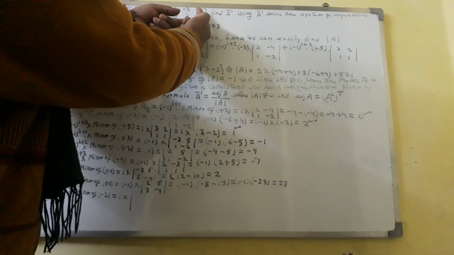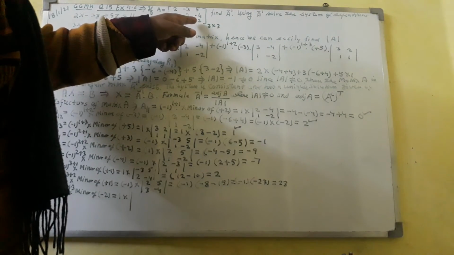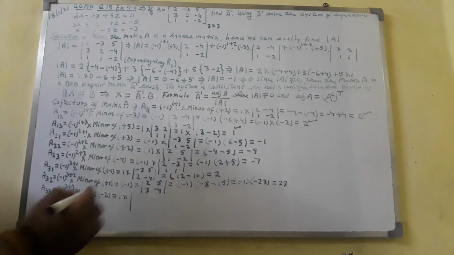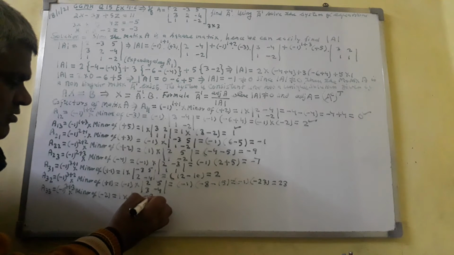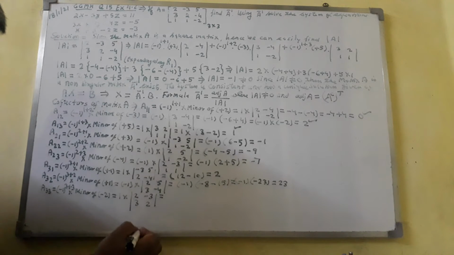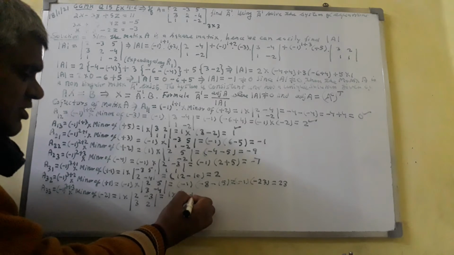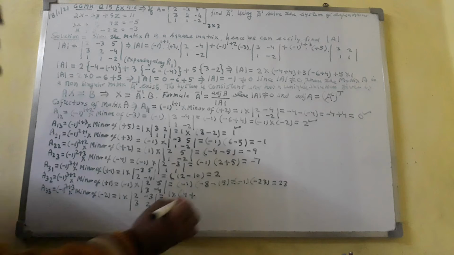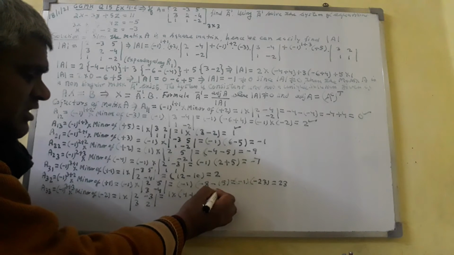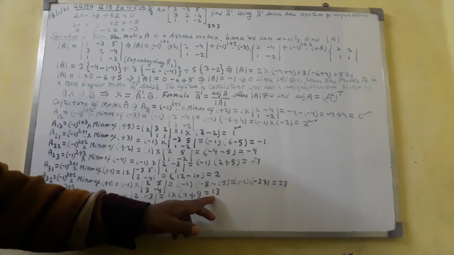Third row and third column will be hidden. We will get the minor of minus 2 as 2, minus 3, 3, 2. 2 will multiply to 2 comes out to here 4, minus you will get here plus 3, 3 is 9, you will come to it 13. The A input 3, 3 we have got value as 13.